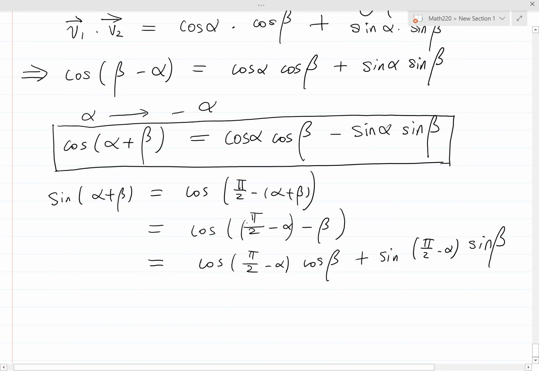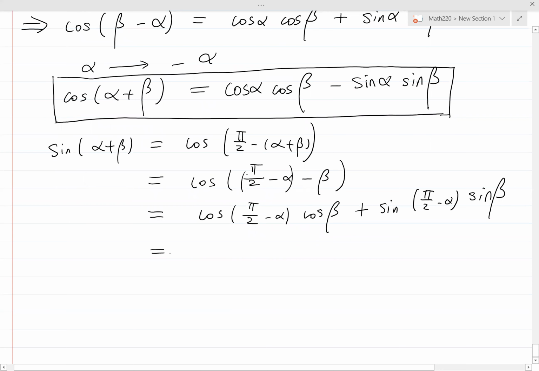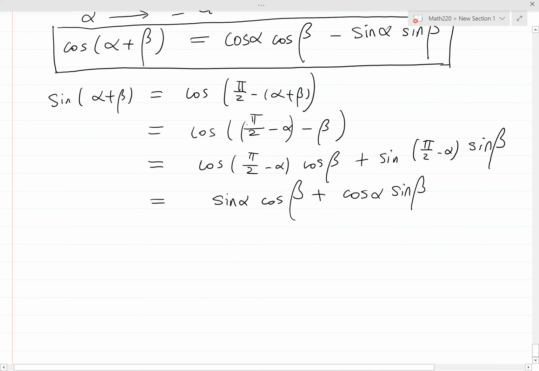Using the induced formula again, we get sine alpha cosine beta plus cosine alpha sine beta. So we get the addition law for the sine function.